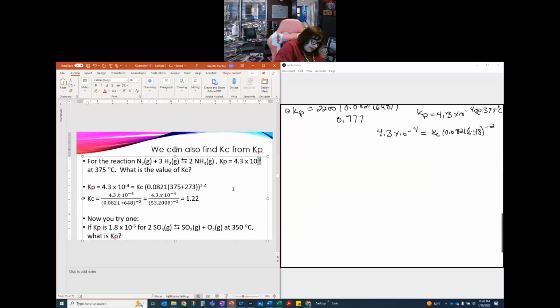Let's talk about one more. So if Kp was 1.8 times 10 to the -5th for the reaction 2SO3 gas decomposes to SO2 plus O2, both of those are gases, at 350 degrees C. What's Kc?